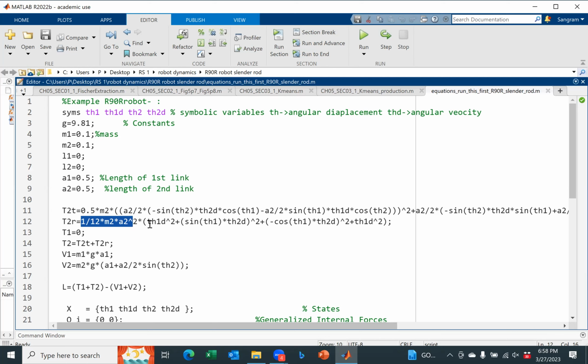So if you have a slender rod, you are going to have Iyy equal to 1 by 12 m a2 square, Izz equal to 1 by 12 m a2 square, and Ixx, just like the argument here, is going to be 0. Are you with me so far?